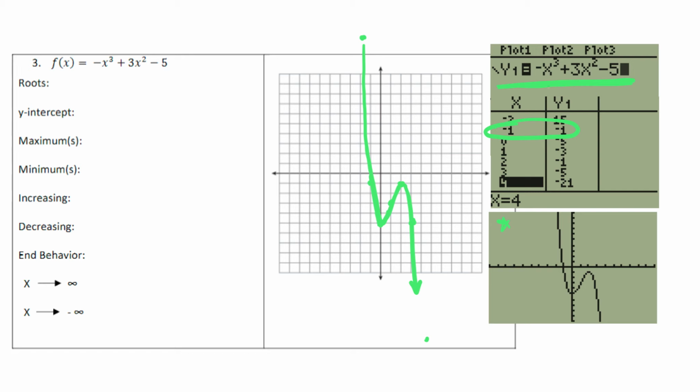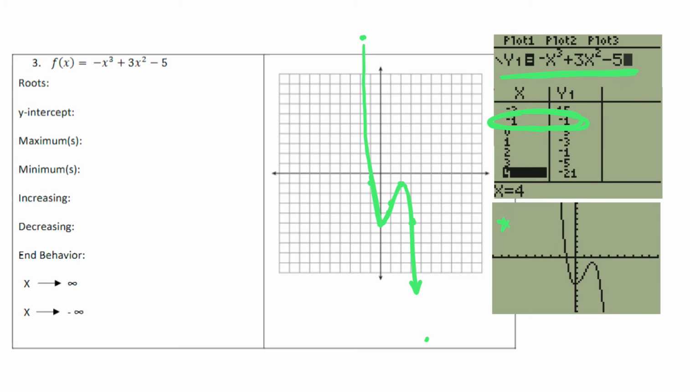So this is one of those where our root is not an exact number here, but we can see that it is crossing because we went from a negative number to a positive number. So our root, we can just put this, is approximately -1. We're not going to go into the exacts of this thing, so it's approximately -1.